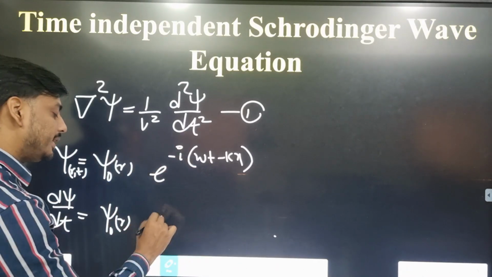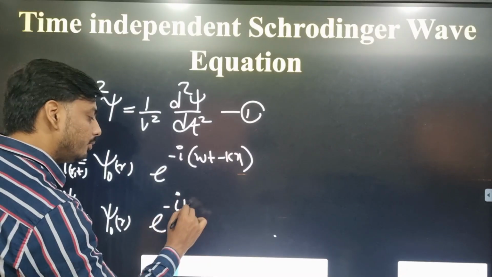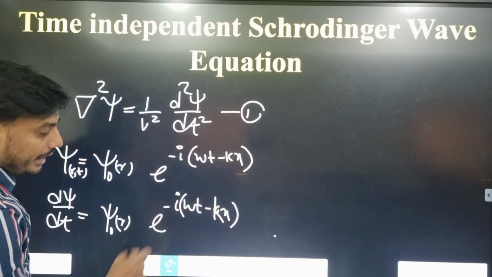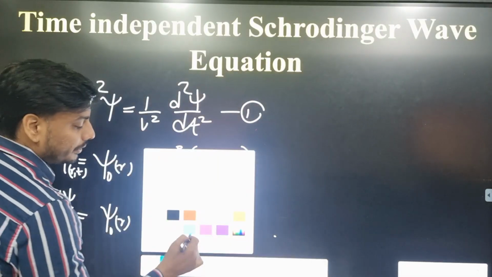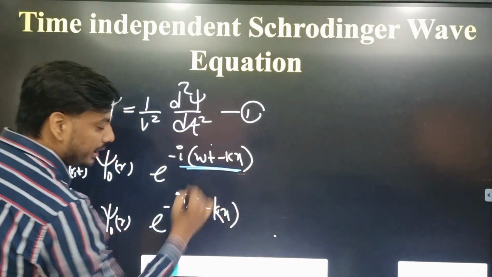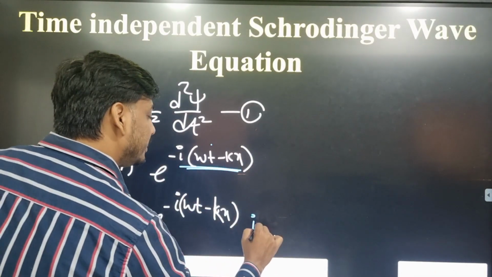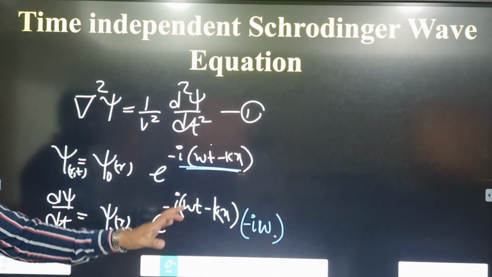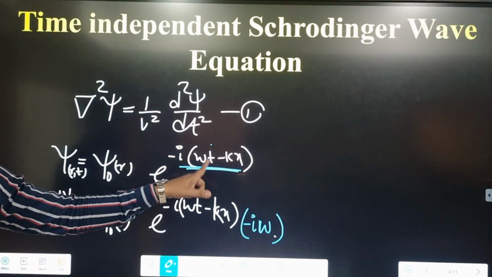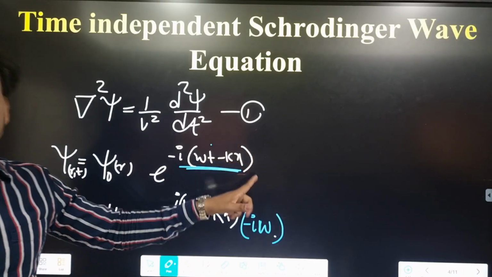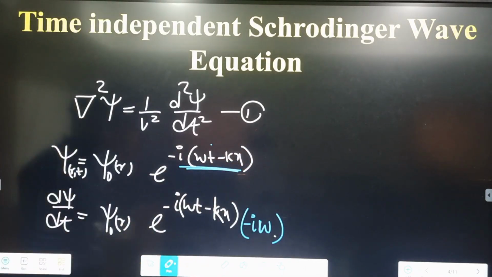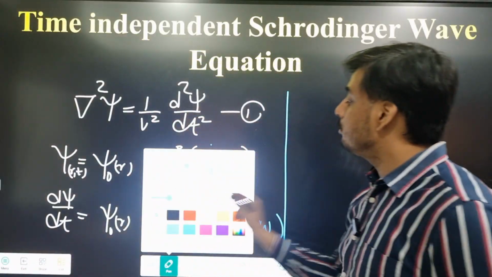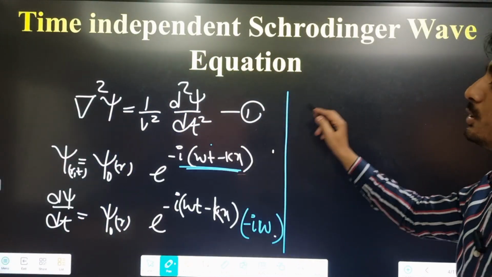Now the formula is e to the power theta, here theta is i(omega t minus kx). Again we take the derivative of this exponent term, which is equal to minus i omega. Clear? Derivative of t is 1 and derivative of kx is 0, so minus i omega. But in equation 1 we have a double derivative with respect to t, d square psi by dt square.